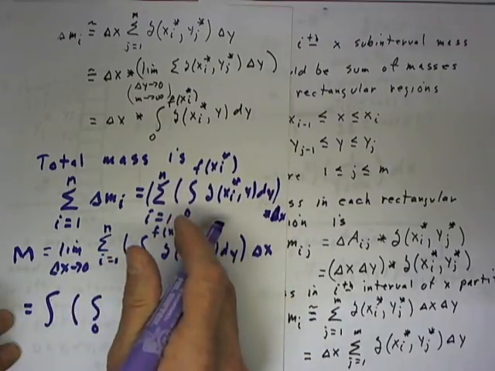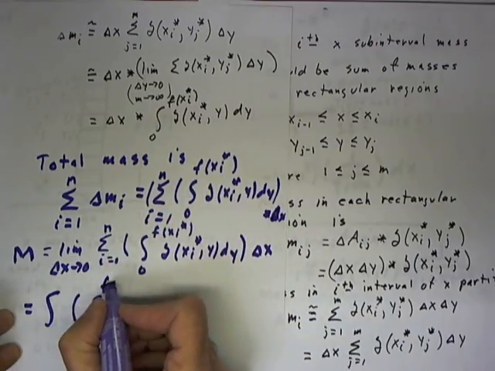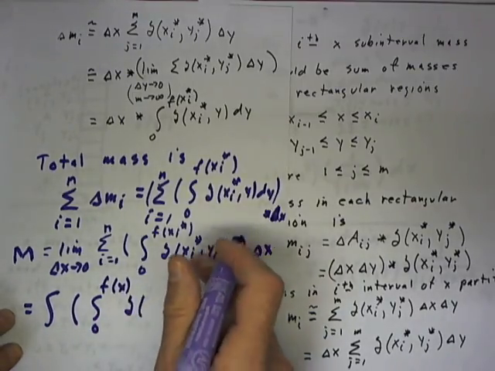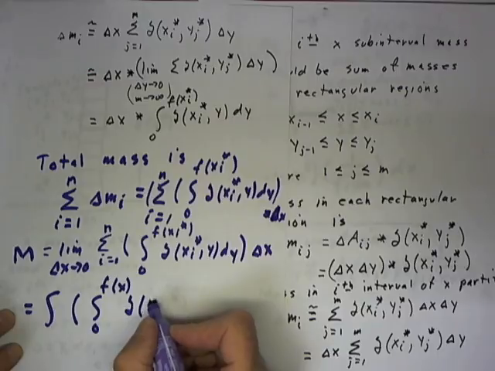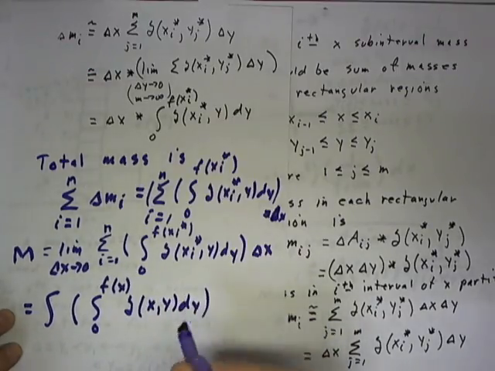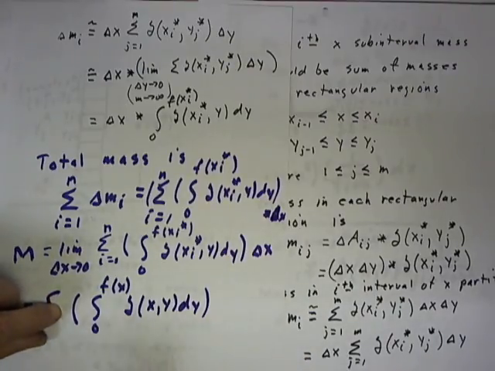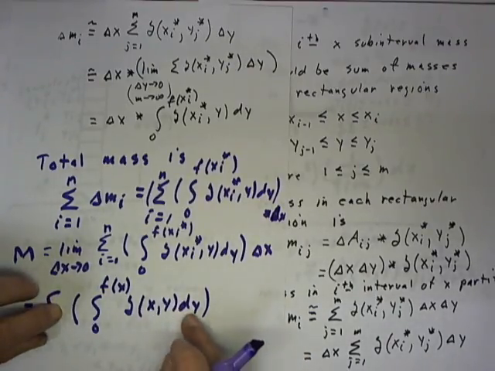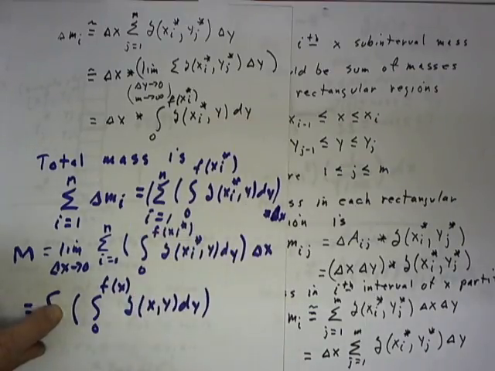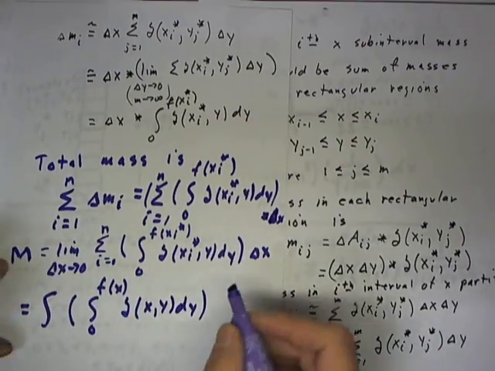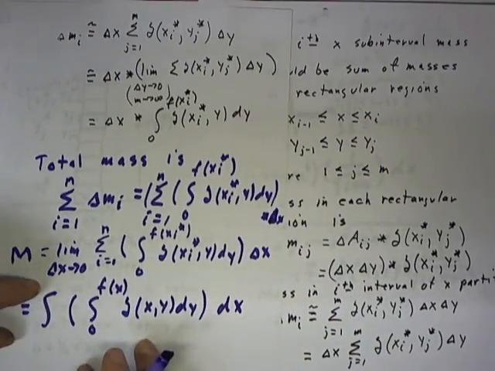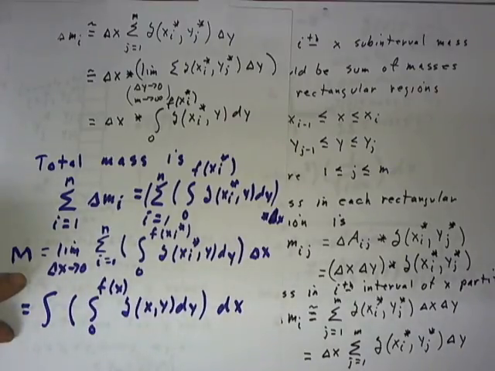That goes from 0 to f of xi star, but now that's from 0 to f of x times our density. Our xi's are now squeezed into just plain old x's. So we have this inner integral with respect to y, very similar to the one we had here, except again our x sub i's are squeezed down, and our delta x becomes dx, and we only need to figure out what our limits on the integral are.